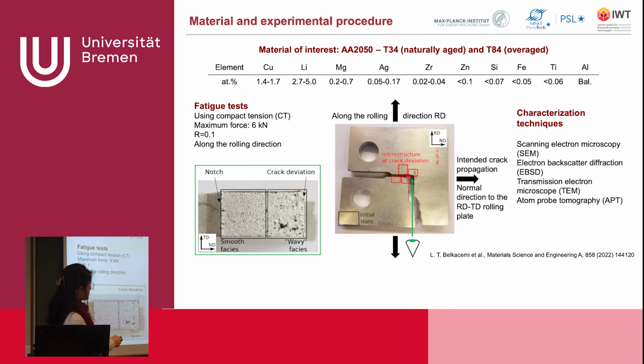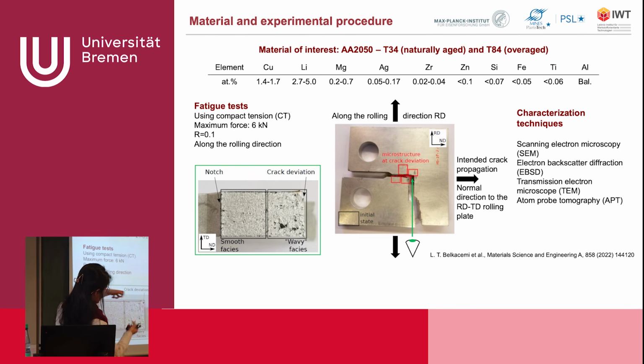In the case of the overaged sample, the test is performed in this direction, so we pull the specimen like that, the crack starts to propagate here in this direction, and then in all the samples that we had, the crack just bifurcates by 90 degrees. So we did a lot of analysis with EBSD, TEM, in order to understand what makes this bifurcation possible.